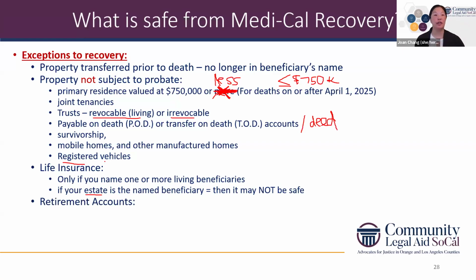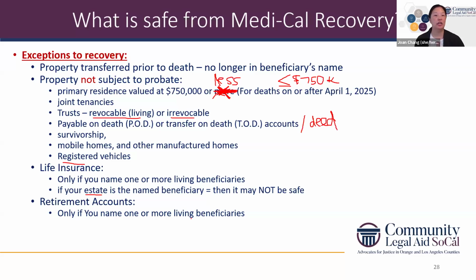Same with retirement accounts, okay? Exactly the same. If you name a living beneficiary, you're good to go. If you happen to name a beneficiary who's already passed or died before you did, then potentially that retirement account might have to go through probate, which may be subject to Medi-Cal Estate Recovery.